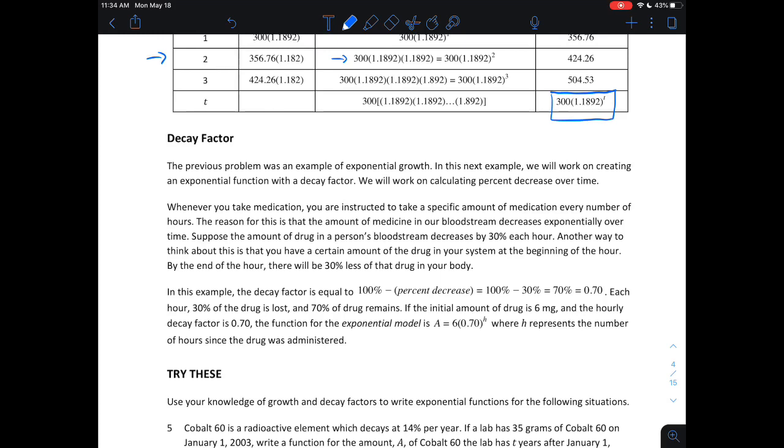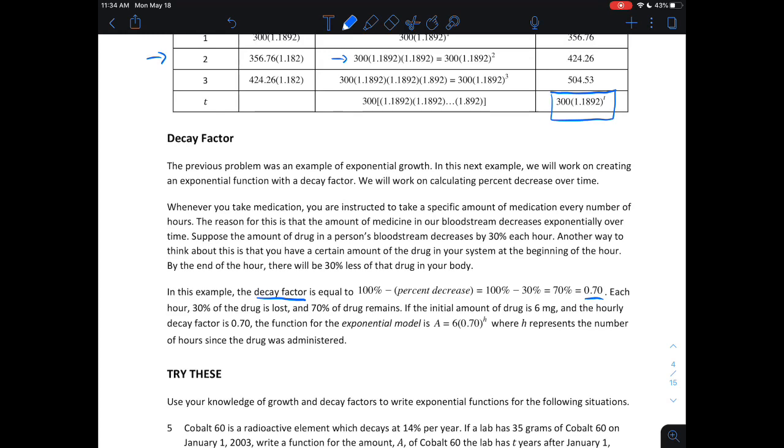In this example, the decay factor is equal to, this time, 100% minus the percent decrease because we are subtracting something, which is equal to 100% minus 30%, which is 70% or 0.70. That is our decay factor. Each hour, 30% of the drug is lost, and that also means 70% of the drug remains in the system.